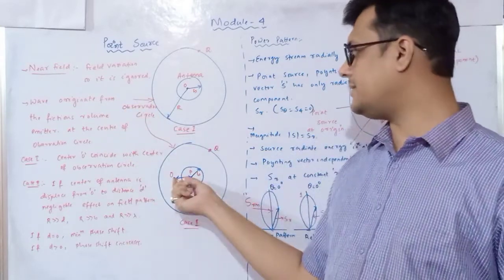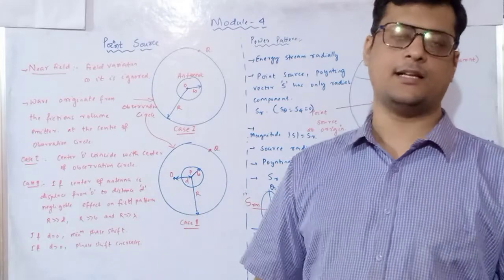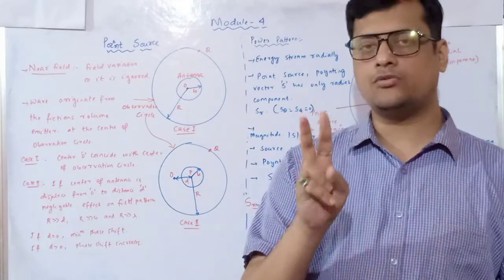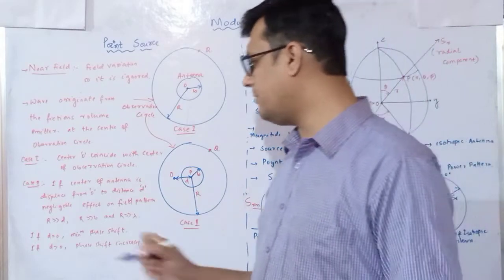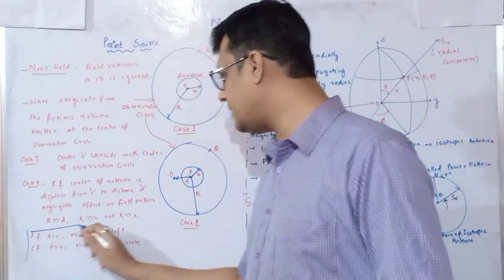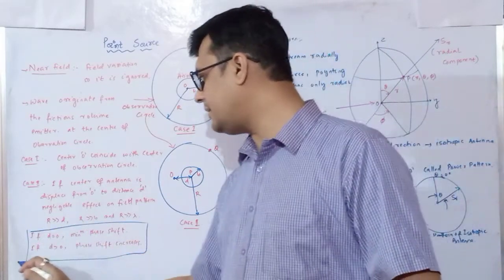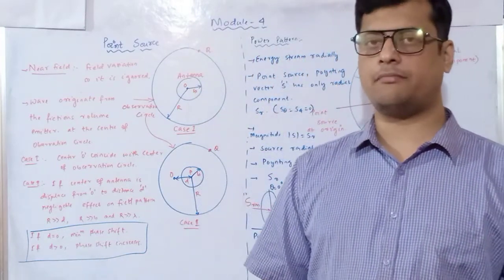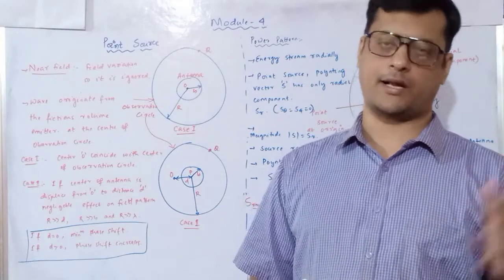As this distance D increases, the phase shift is going to increase. So these are the two basic points you should remember: if D is equal to 0, we will see the minimum phase shift between the electric field and magnetic field.